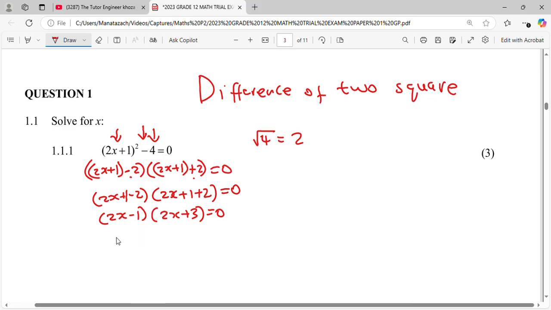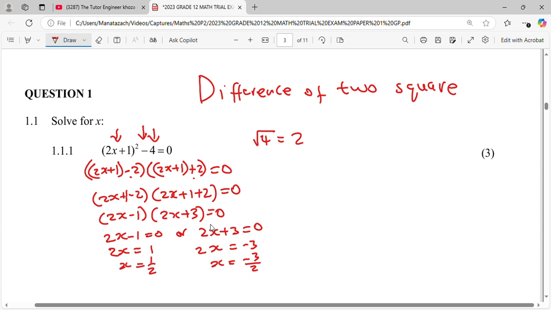So that now is going to be 2x minus 1 is 0, or 2x plus 3 is 0. So this will be 2x is minus 3. You have to slow down, guys, especially if you are not used to jumping the steps, lest you'll make a lot of mistakes. It really doesn't hurt if you do all the steps, but you have to do it the right way. So that is minus 3 over 2.